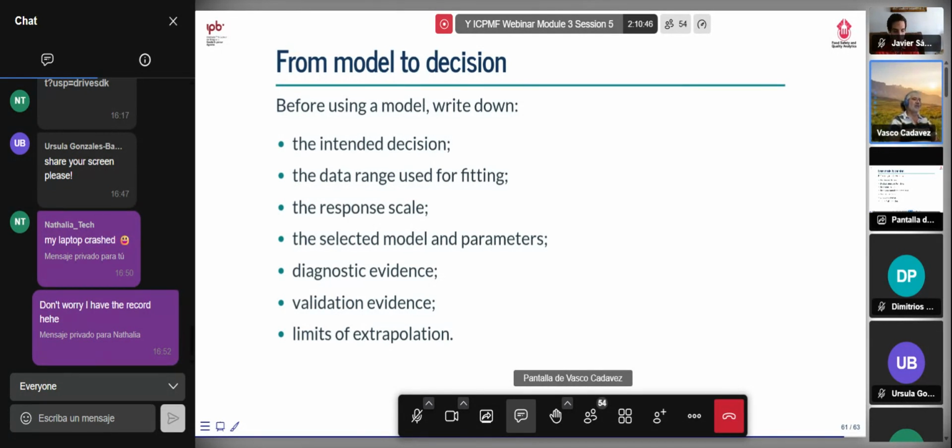Of course, if you want to select a nice model, you need to base it on the evidence of diagnostics, evidence of validation, and of course, you need to define also the limits for extrapolation. Sometimes you can extrapolate, but you need to know exactly where you need to go.